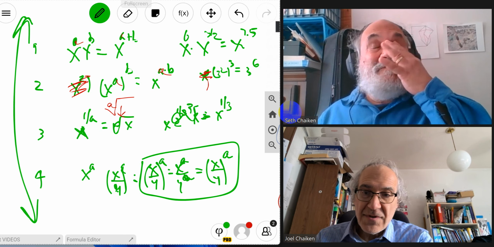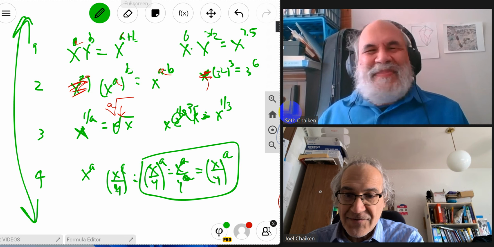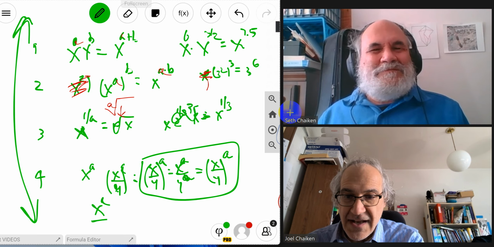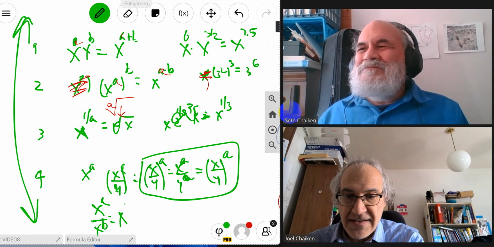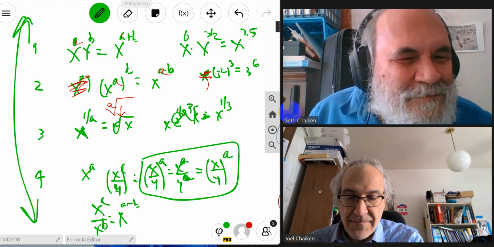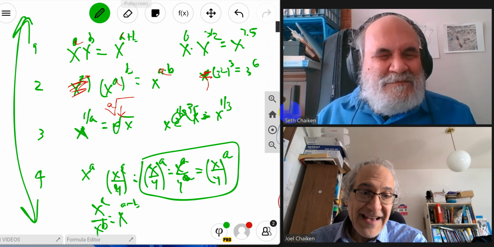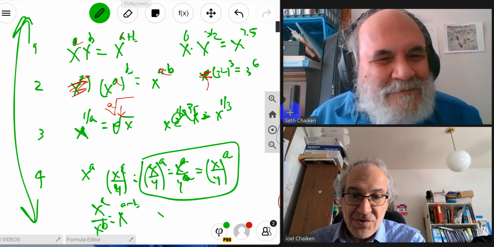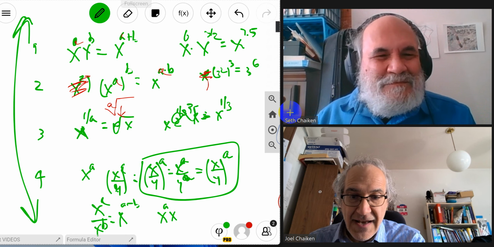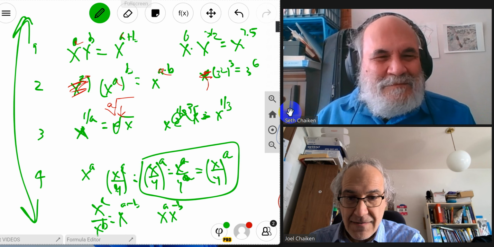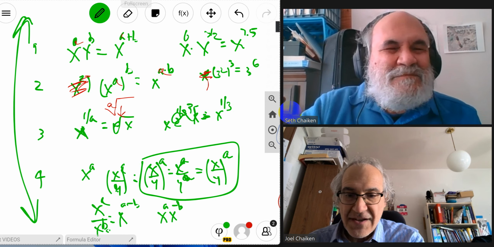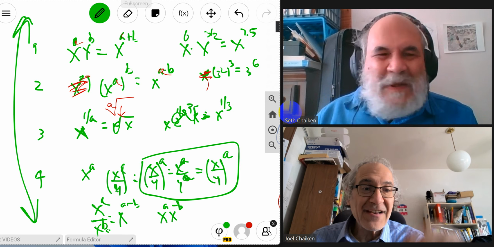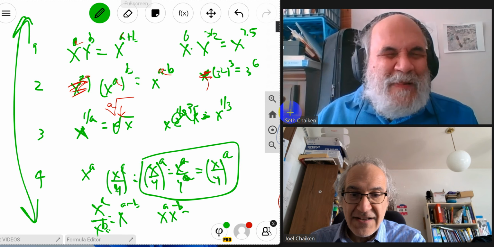Those are the exponent rules. The only one we left off that you should know is x to the a divided by x to the b is x to the a minus b. But you don't really have to memorize that, because you can write x to the a times x to the minus b. The negative exponent flips it, and then you use the product rule.